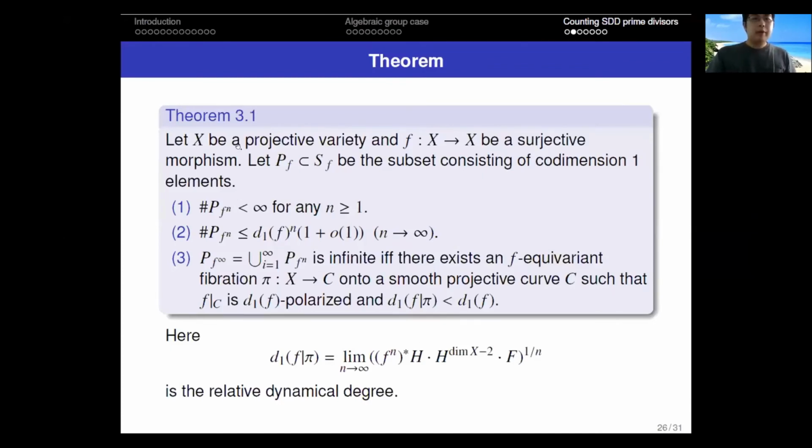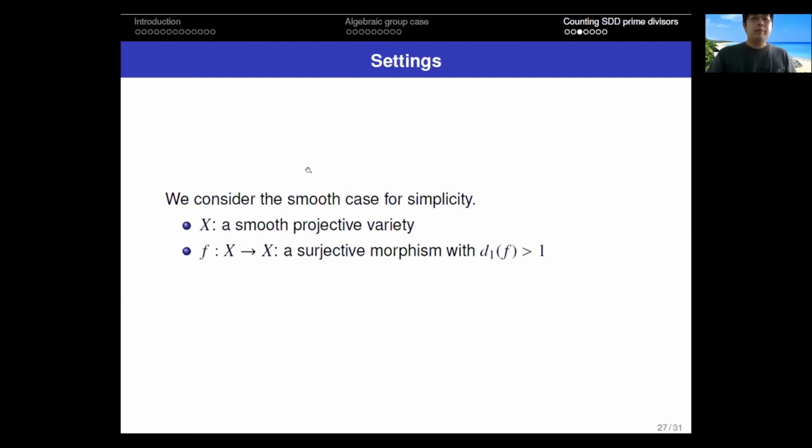This theorem holds for any projective variety, but in this talk we consider the smooth case for simplicity. X is a smooth projective variety, and F is a surjective morphism with d_1 larger than 1.